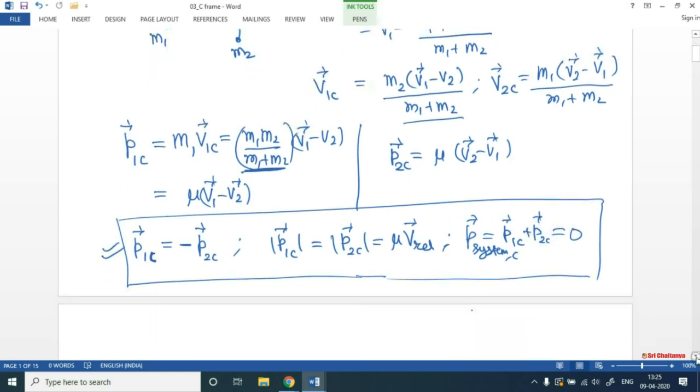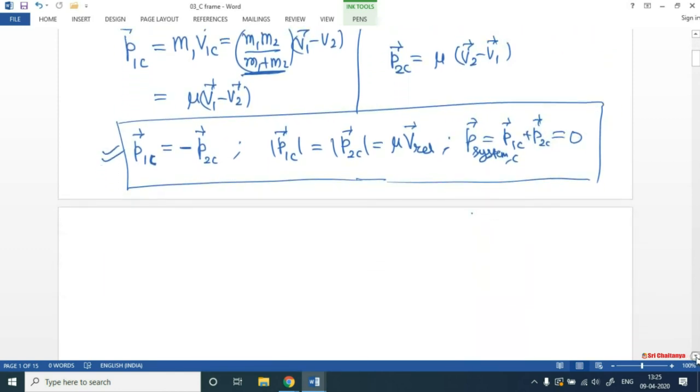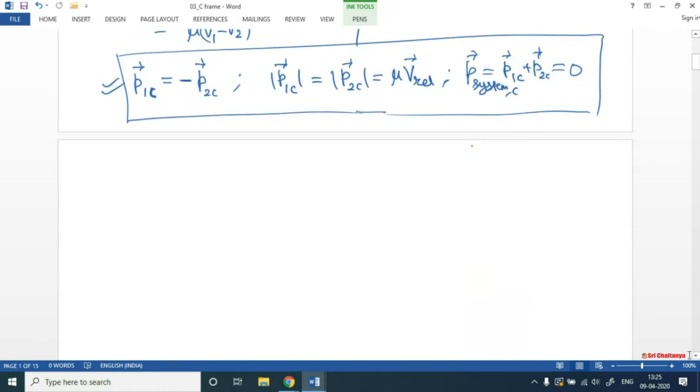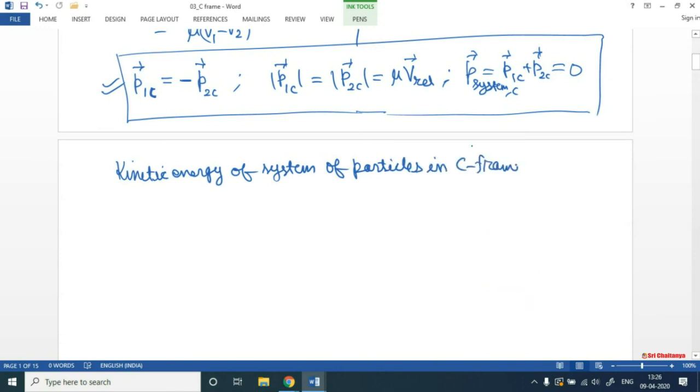The next thing I would like to discuss is the kinetic energy of a system of particles in the C frame.